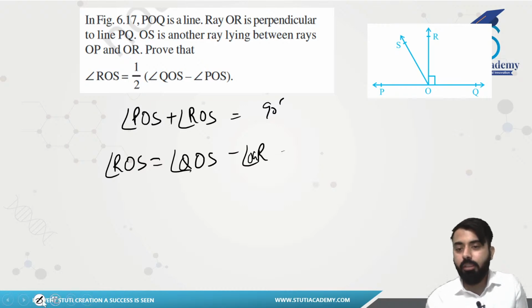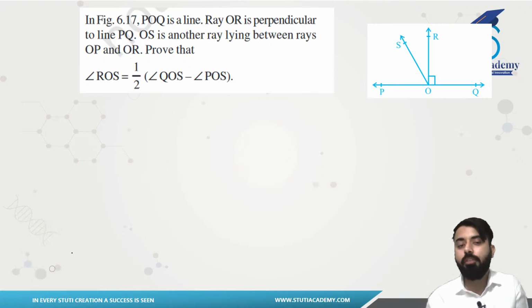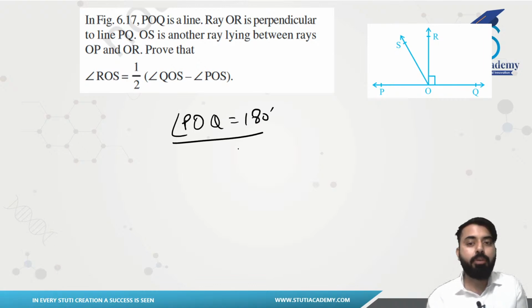Or we can do it one more way. See, if I just look at this one, I know this is complete. This angle POQ will be 180, right? How?